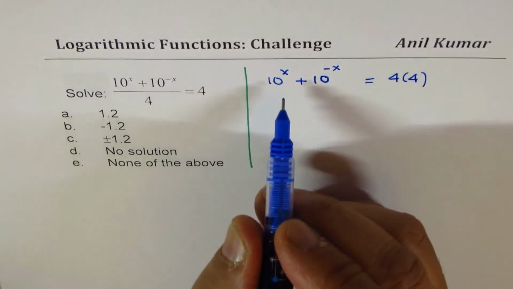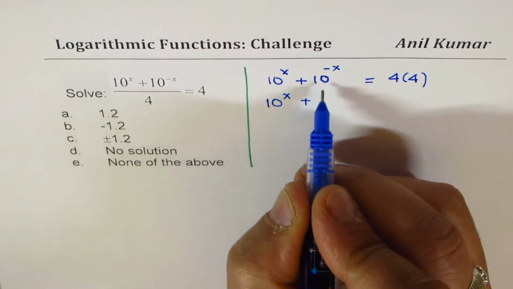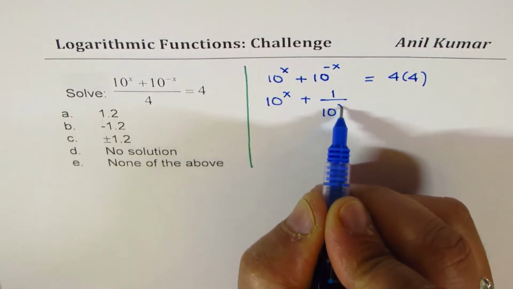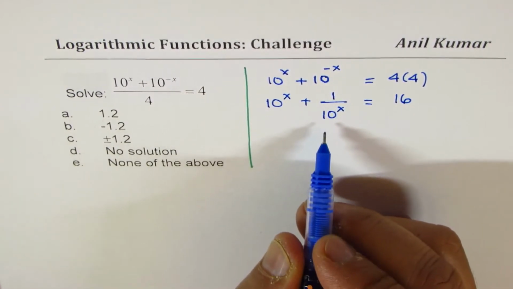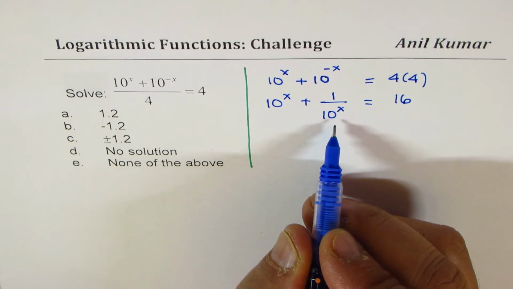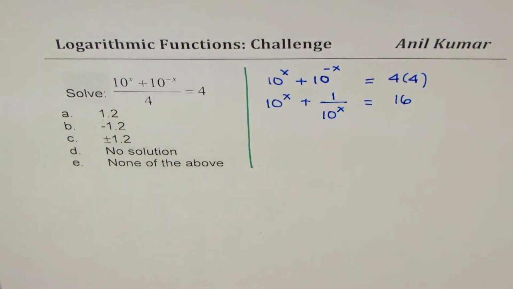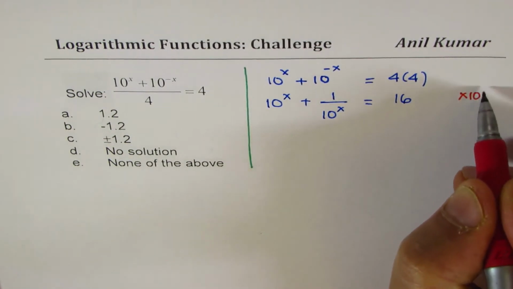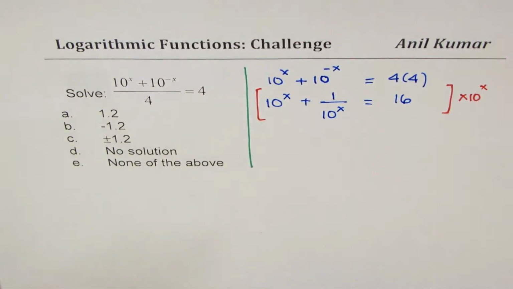Now, 10 to the power of minus x means 1 over 10 to the power of x, correct? And 4 times 4 is 16. What we can do at this stage is multiply by 10 to the power of x on both the sides.